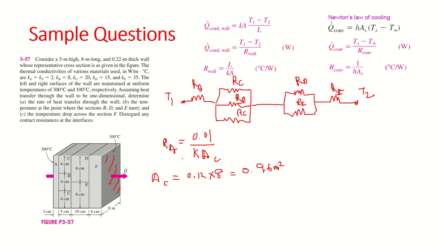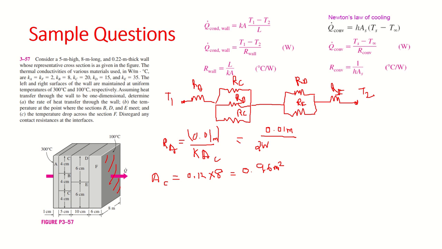Now the K value is also given, which is 2 watt per meter degree Celsius. If I substitute everything, it is going to be 0.01 meter. Again I repeat, a number without a unit doesn't make any sense, which I say in all the tutorials.